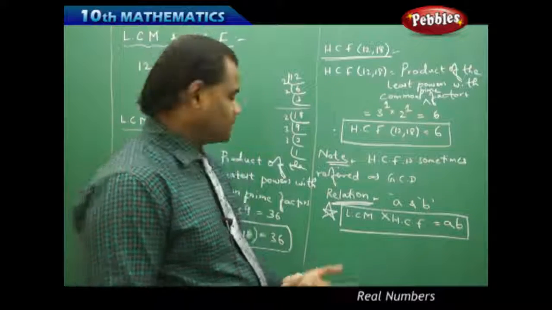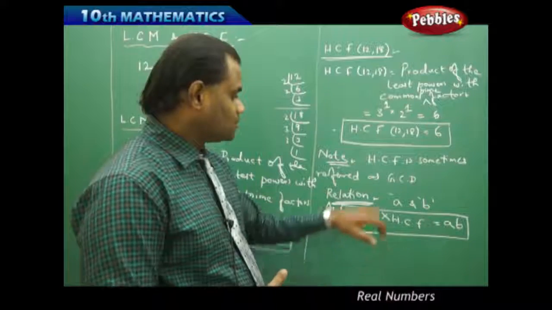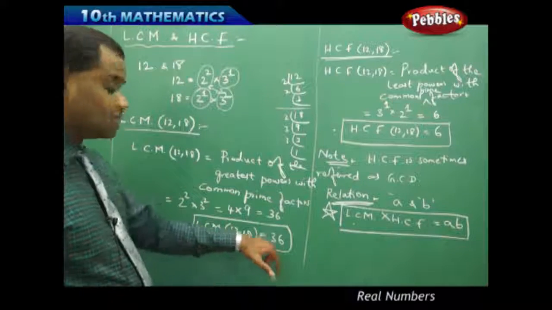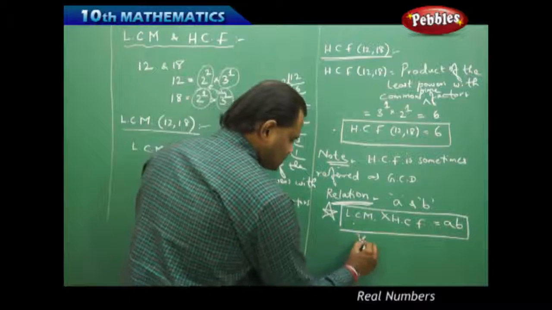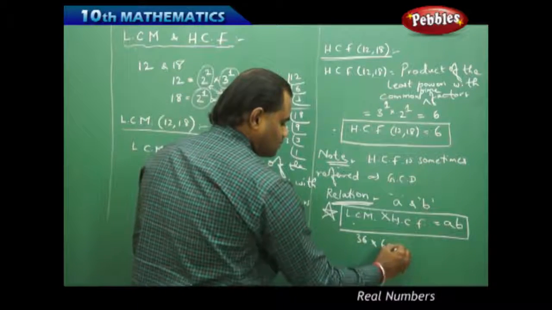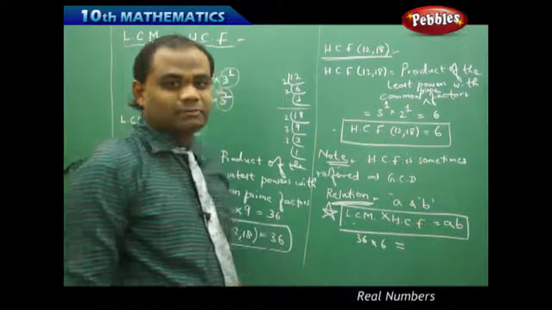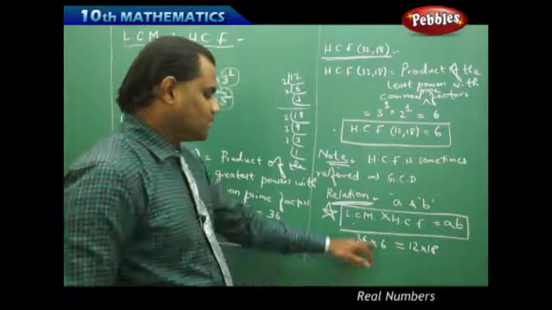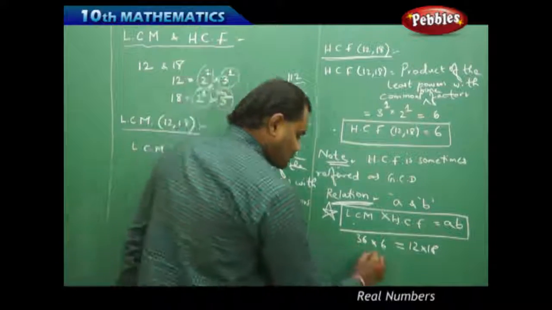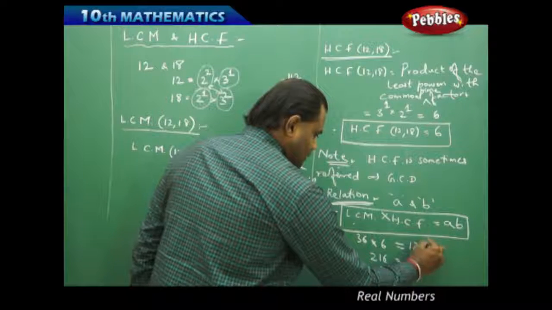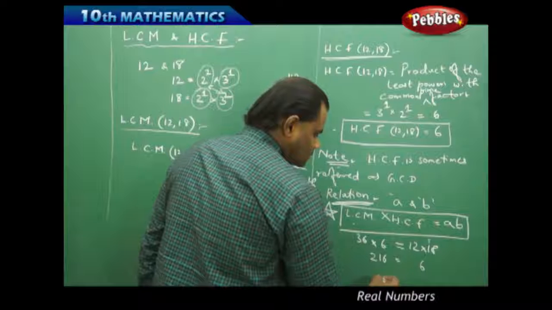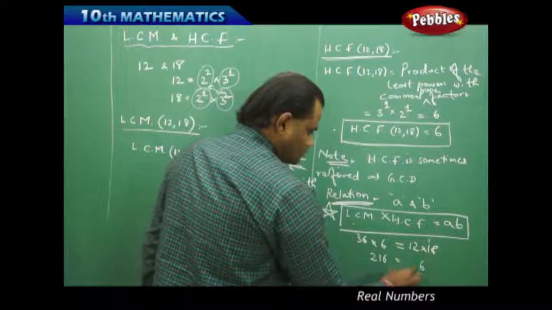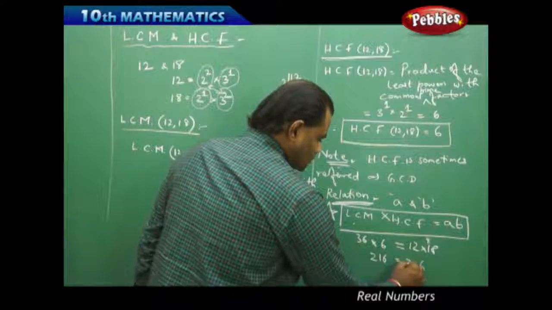So let's see if this verifies for any two numbers A and B. As I already found the LCM of 12 and 18 to be 36, then 36 times the HCF, which is 6, must be equal to the product of the numbers, which is 12 times 18. 36 multiplied by 6 is 216, and 12 eights are 96, 12 ones are 12, giving 216.